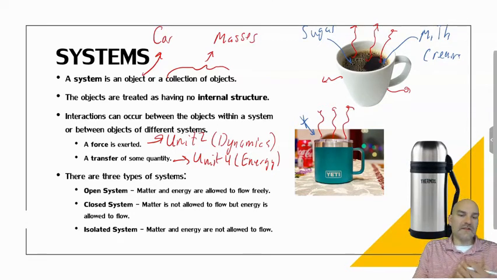And then isolated is the idea that matter and energy are not allowed to flow. Realistically, there's no truly isolated system. Most systems are either closed or open. The only truly isolated system is the universe.